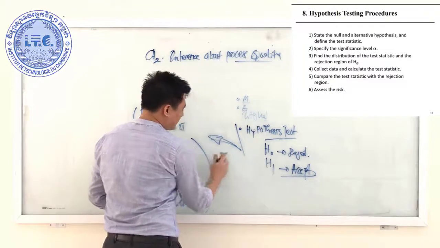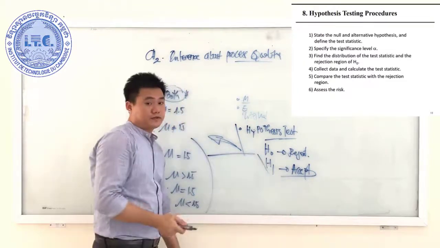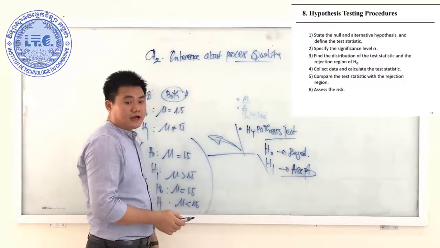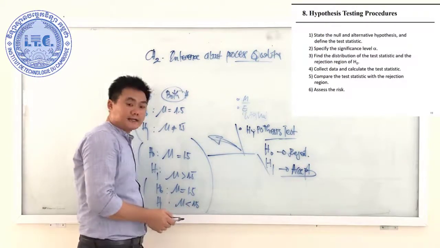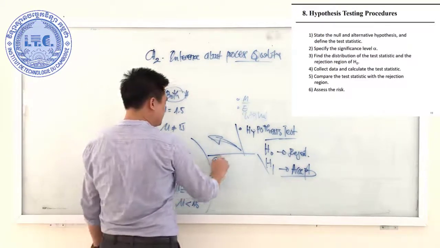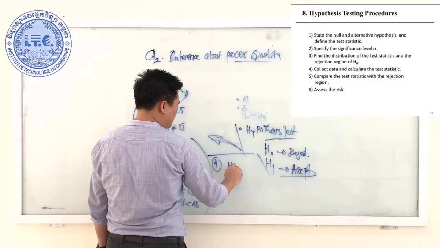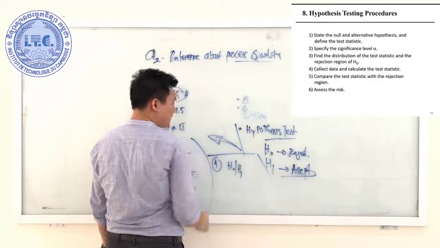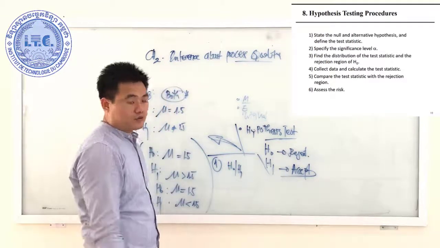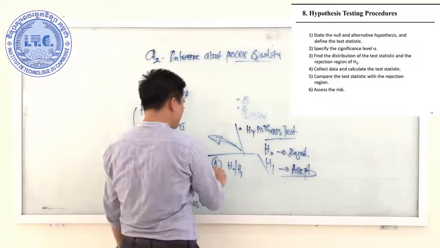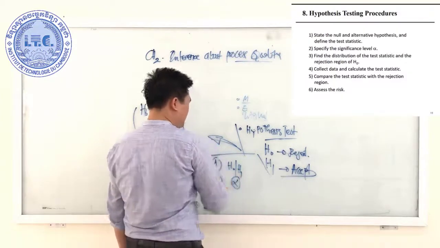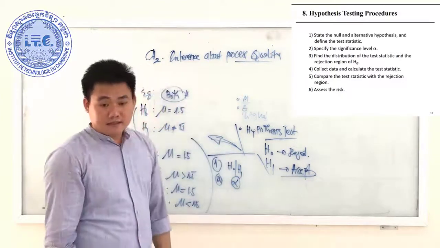So we have some procedure. First, we have the procedure of the hypothesis test. First, we have to conduct the null hypothesis. We have to find H0 and H1. The second one, we have to specify the interval. What is the alpha level? Yeah.